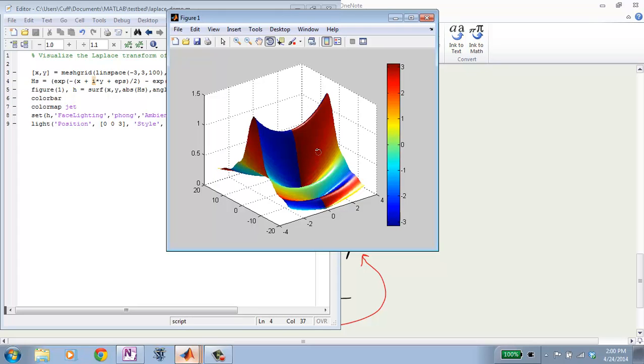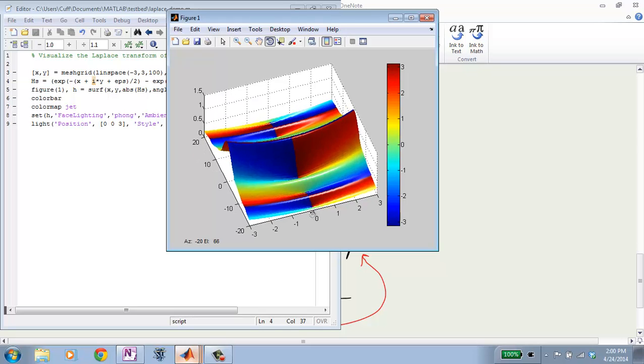Okay, so what I've done here is, because we have a two-dimensional value over a two-dimensional space, this is the real axis here, and this is the imaginary axis. Notice they're on a different scale.